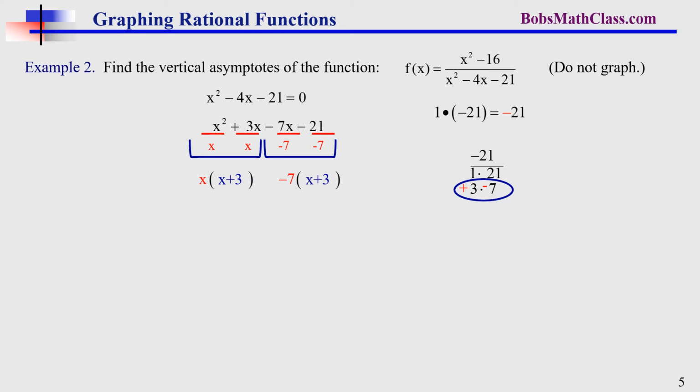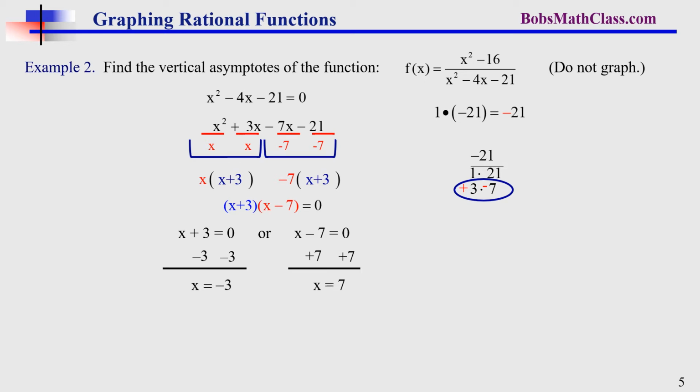So now we have x plus 3 times x minus 7. Set each factor equal to 0, and then solve each equation. So two answers, x equals negative 3 and x equals 7. Those are our two vertical asymptotes.